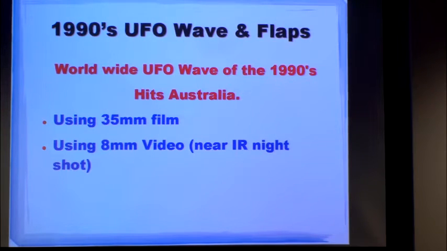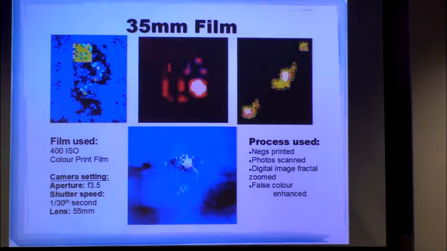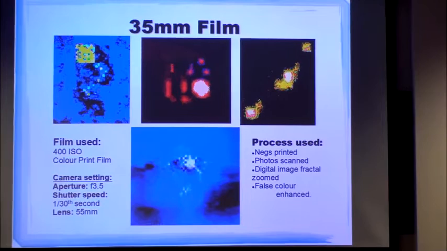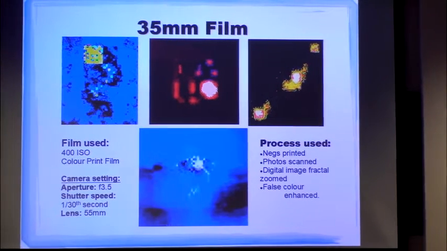And 8mm video, which is when I eventually got one of my own cameras, and that's when I started to film a bit. So the 35mm, my camera was just a fairly good Minolta camera, and the lens I had was only a 55mm.